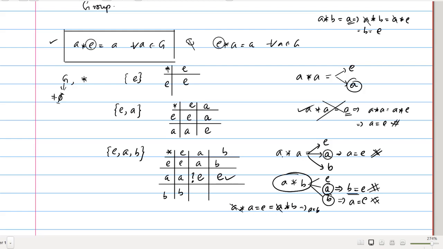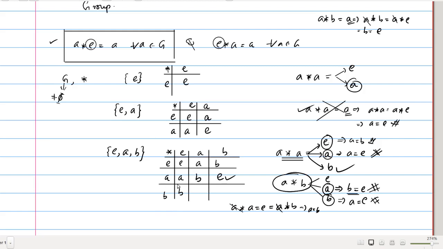So we can rule out this as well. This implies A equal to B, which is also a contradiction. Then the only possibility for A star A is B, so we can replace this quantity by B. Now you can easily fill up the other things.